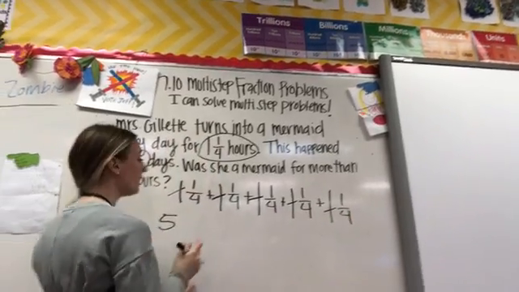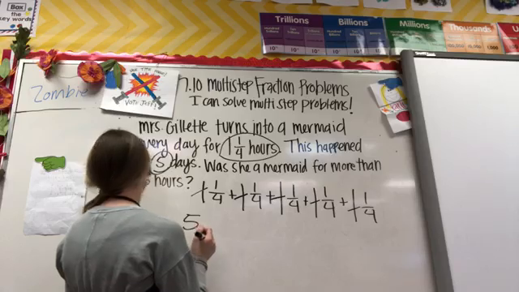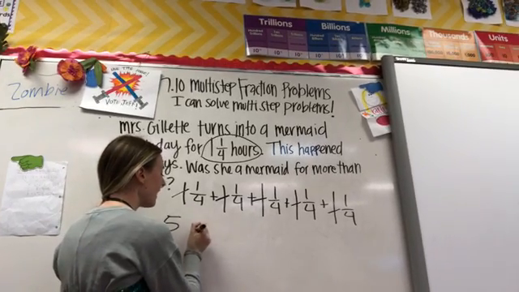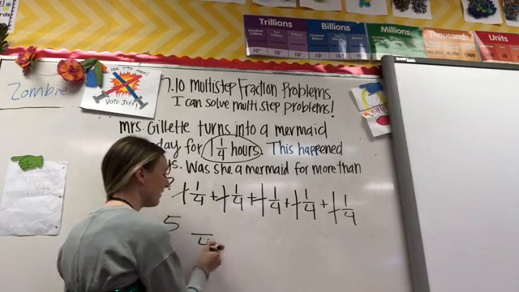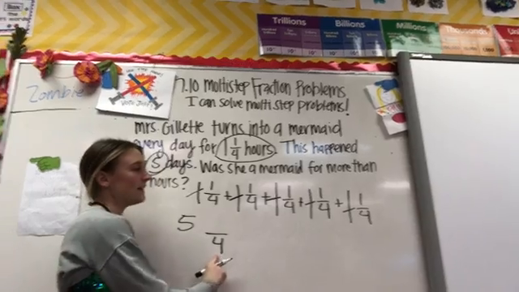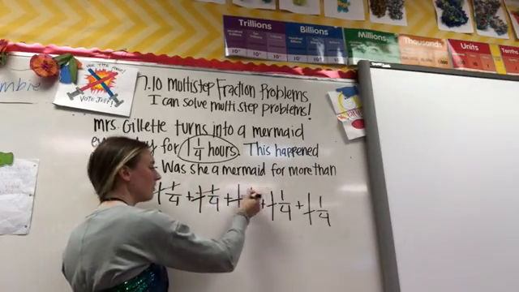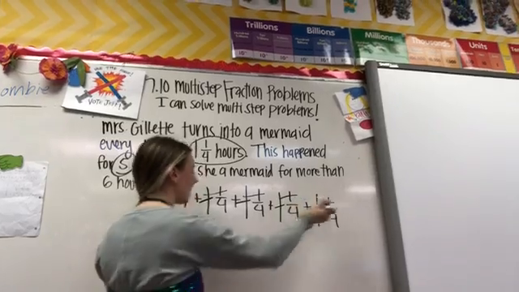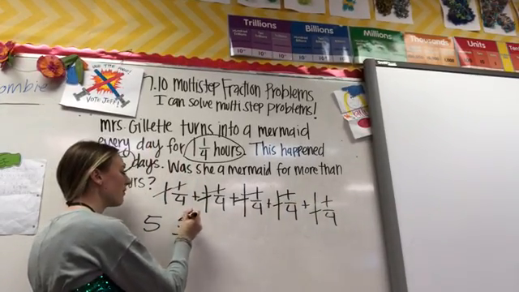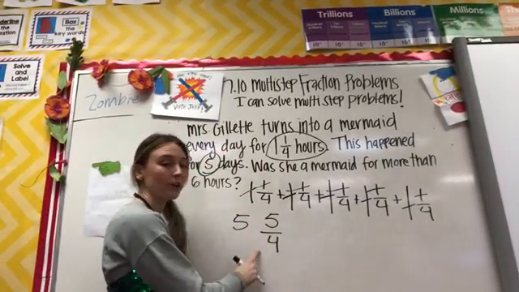Okay? Perfect. Well, we know how to do that. Remember, when we add them, we have to put it over the same number, so 4. So let's add them together. We have 1 plus 1, 2, plus 1, 3, plus 1, 4, plus 1, 5. So we have 5 over 4. So we have 5 and 5/4.